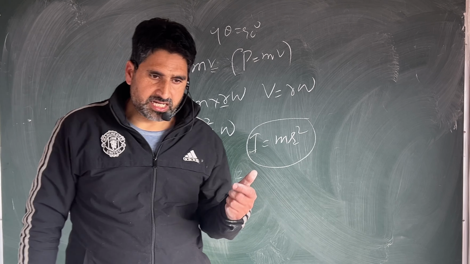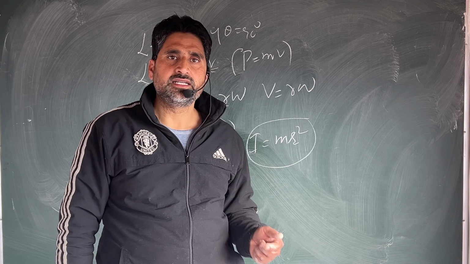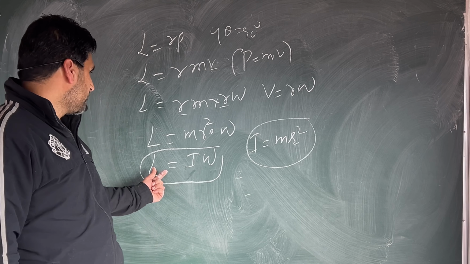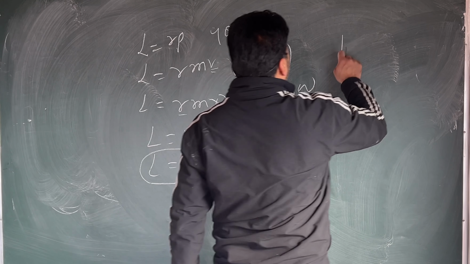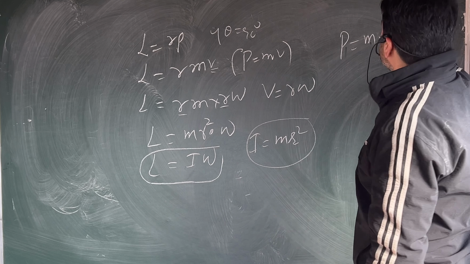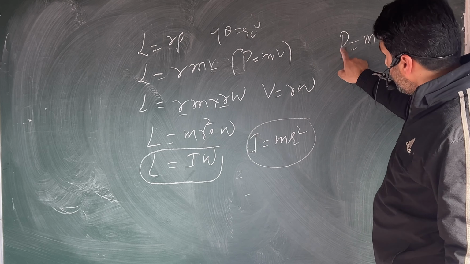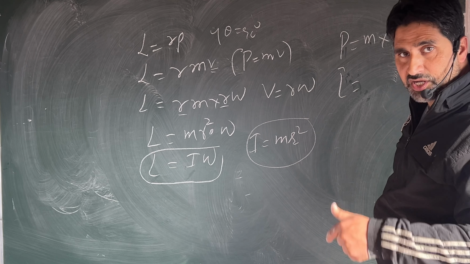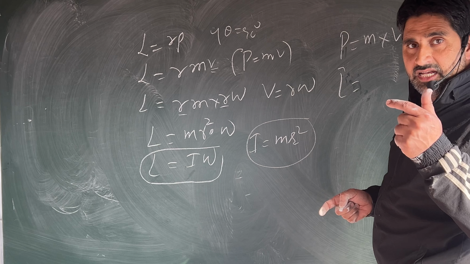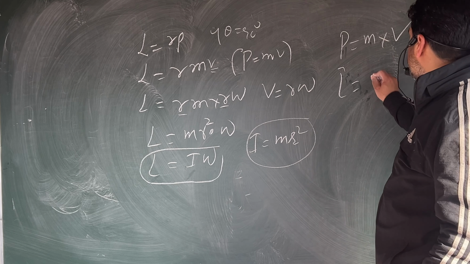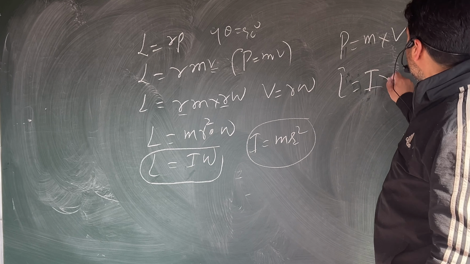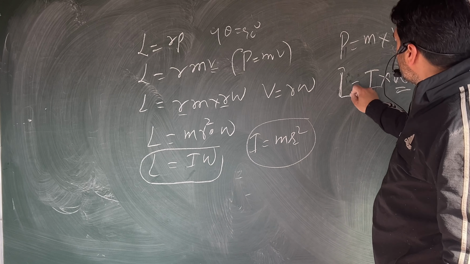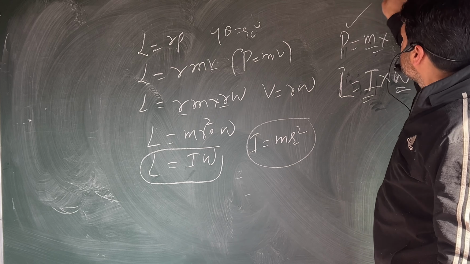The way in rectilinear motion we have mass, here we write inertia instead of mass, and angular velocity. So momentum P is equal to mass into velocity in rectilinear motion. In rotational motion, the mass is analogous to inertia. The inertia is I, that's M R square, into angular velocity. Mass into linear velocity becomes linear momentum, and inertia into angular velocity becomes angular momentum.